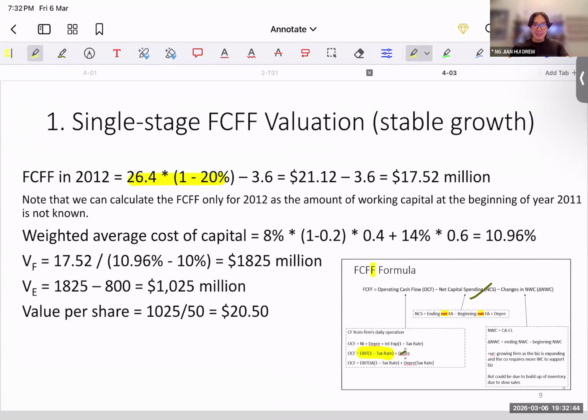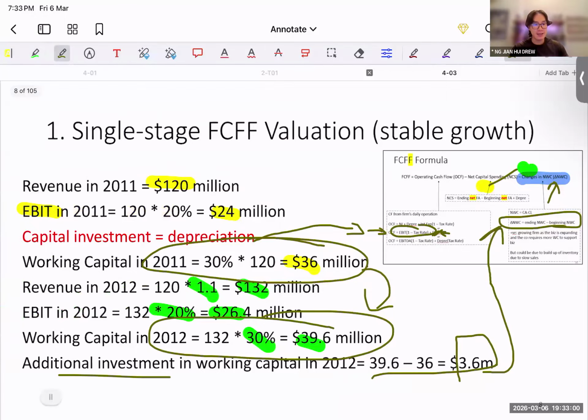EBIT times 1 minus tax. And then what is this minus 3.6? This minus 3.6 is your change in net working capital, which we have calculated here, 3.6.